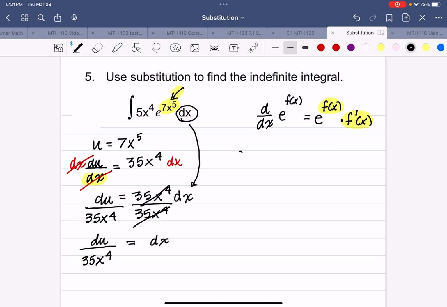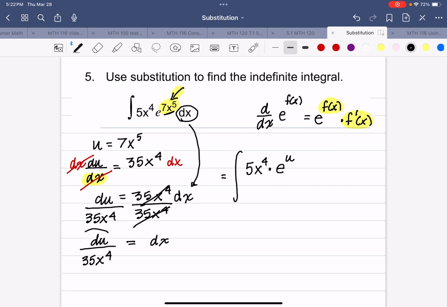So let's start to do our substitution. So we're going to get, well, I don't have anything for 5x to the 4th. And don't be worried about that. Sometimes you'll have an x expression in the first pass, and then once you get everything in there, it's going to reduce out. This is going to be times e to the u, all right, because our u was our exponent.